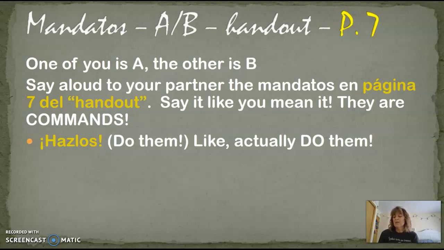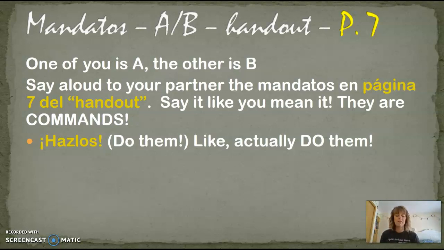Uno más. Dibuja una casa en un papel. Dibuja una casa en un papel. Y esta es mi casa.